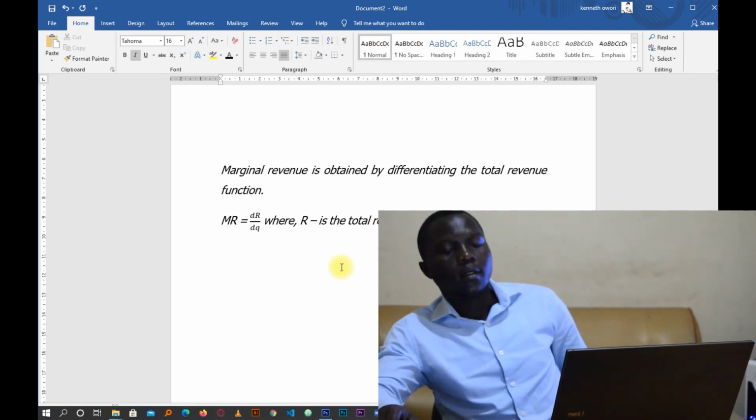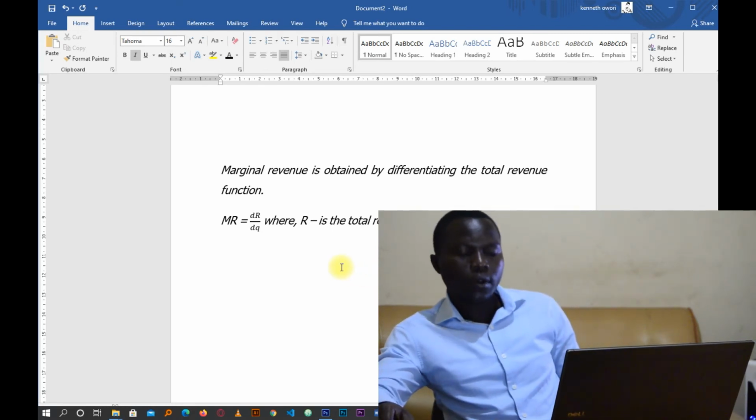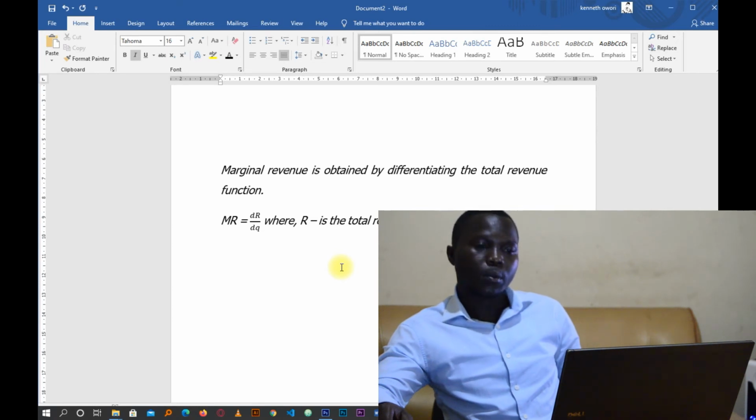So that is how we obtain the marginal revenue, as we've seen the principles of differentiation.